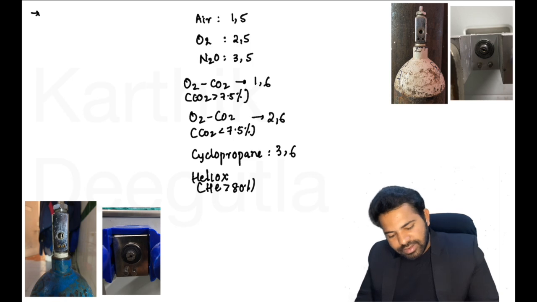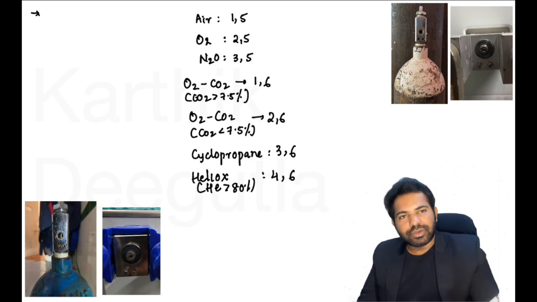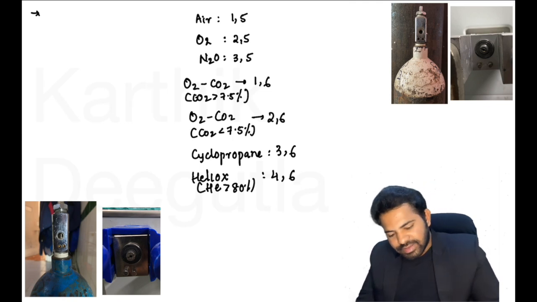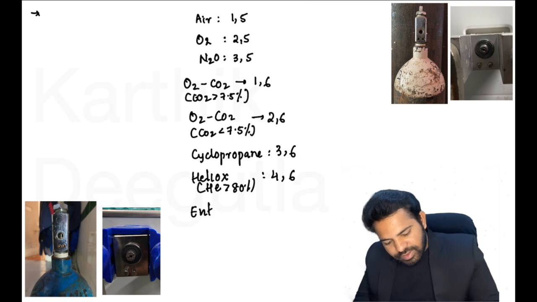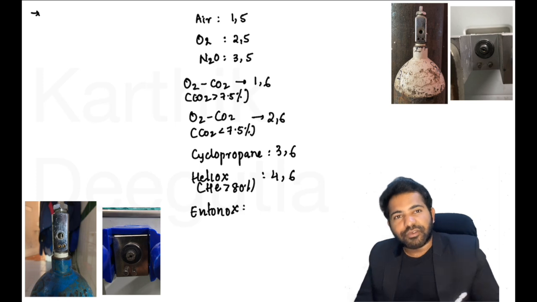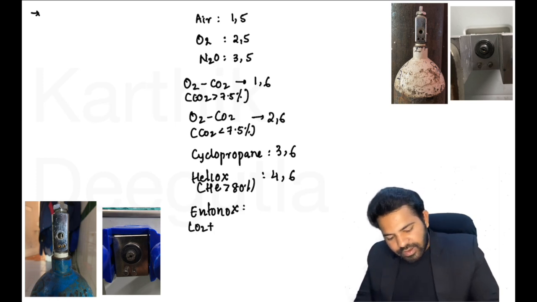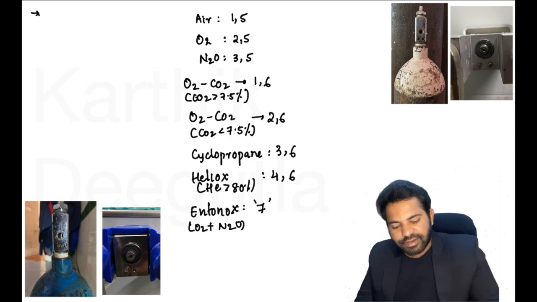The pin index is 4,6. So 1,6, 2,6, 3,6 and 4,6. Simple. Then we have entonox. As I told you, it is a mixture of oxygen plus nitrous oxide. The pin index of entonox is 7.